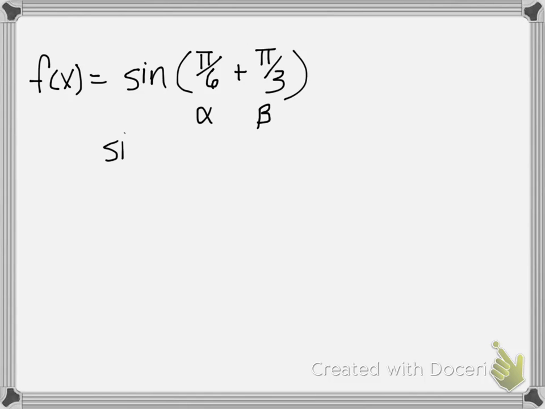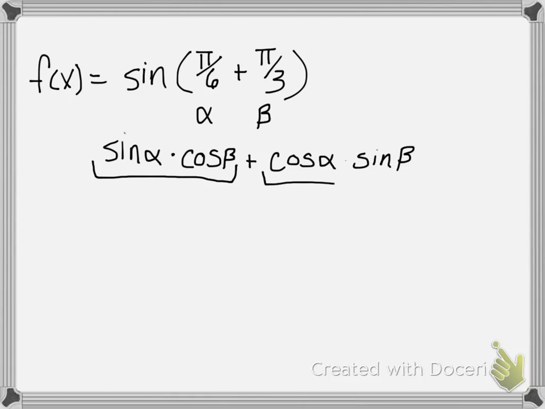Well, with the double angle, you're going to have the sine of alpha times the cosine of beta plus the cosine of alpha times the sine of your beta. And so, as you can tell, we're going to end up with two product rules being added together once we go to take the derivative of that.